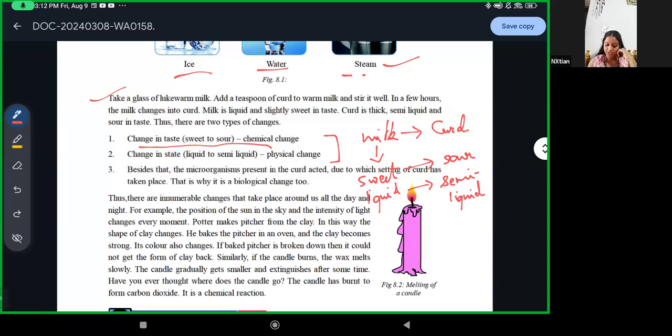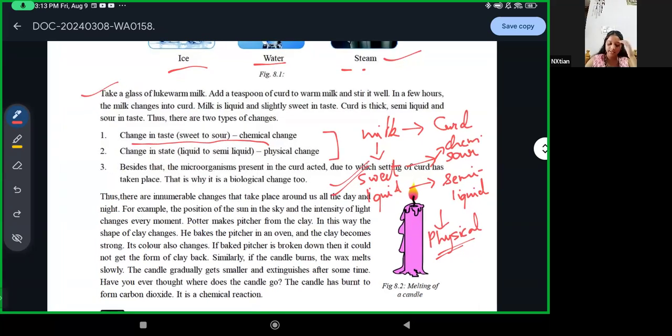So this sweet to sour change is known as chemical change, and liquid to semi-liquid, where its property is changing, a change in state basically, is known as physical change.